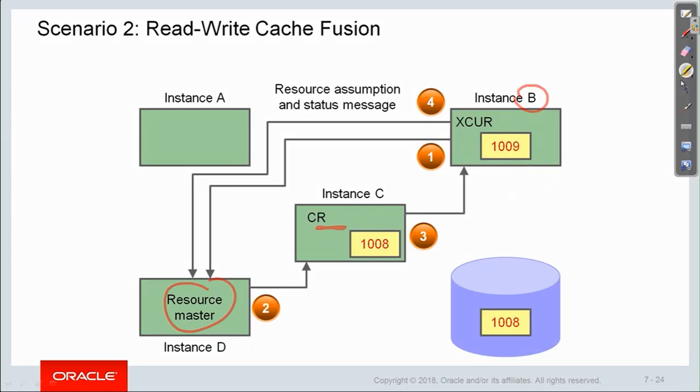So the most current block image is located in instance B right now. Because this was current, but after copying this block to instance B, the requesting instance modified it because it requested the exclusive current buffer state. So the most current block is now in this location.